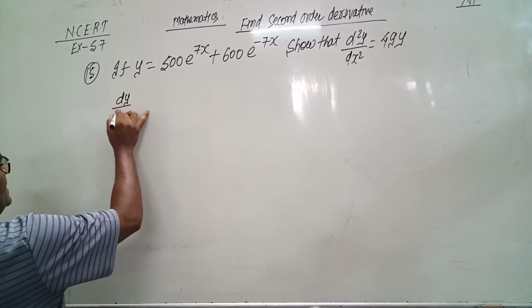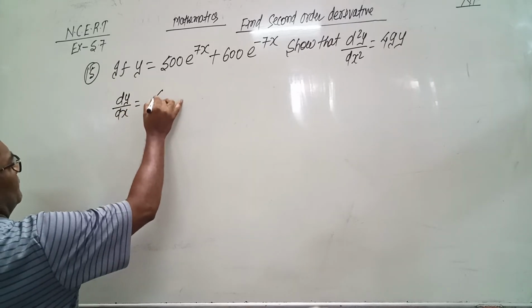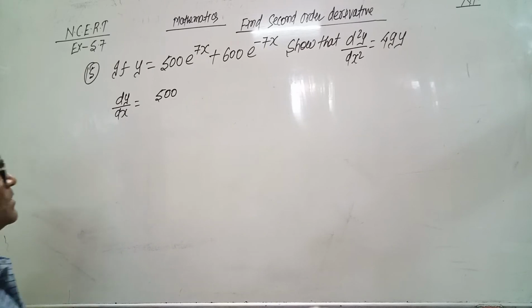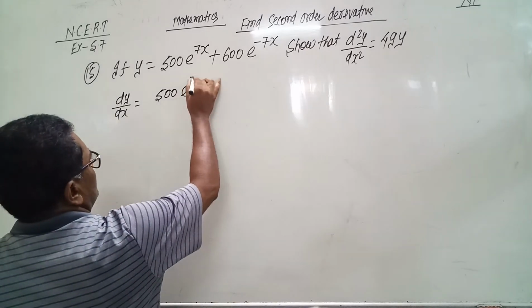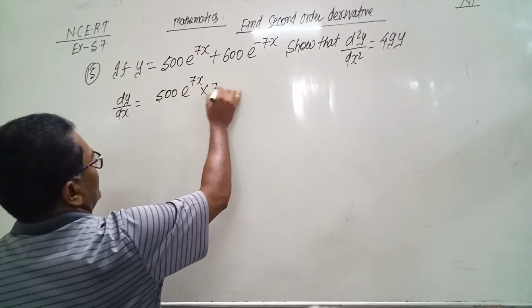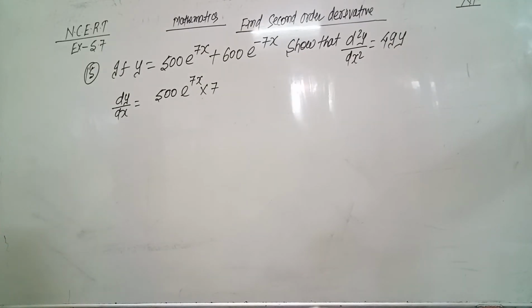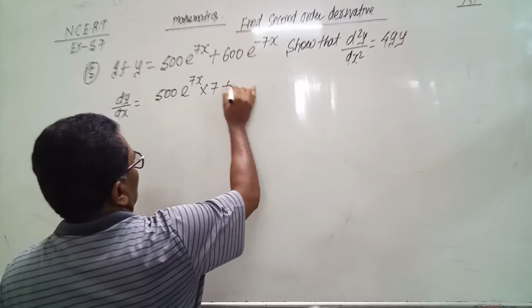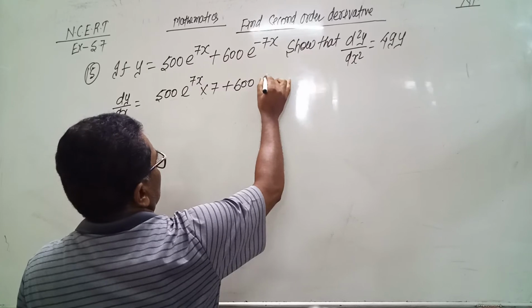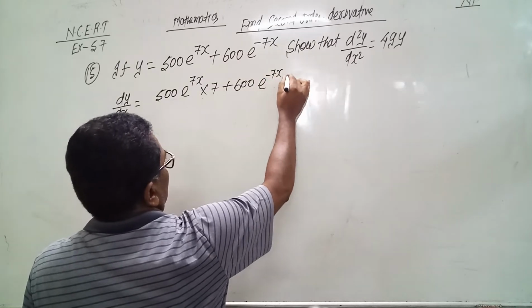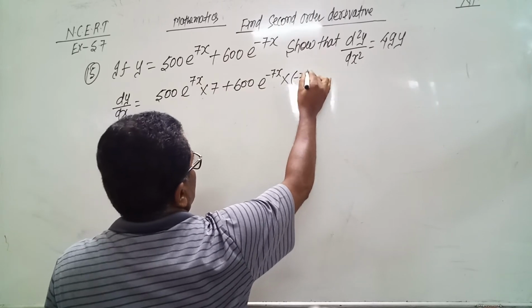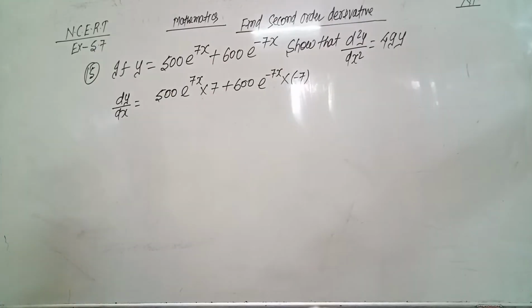So dy by dx: 500 constant as it is, differentiation of e raised to the power 7x is e raised to the power 7x, drop e, differentiation of 7x is 7, plus 600 constant term as it is, differentiation of e raised to the power minus 7x is e raised to the power minus 7x, drop e, differentiation of minus 7x is minus 7.